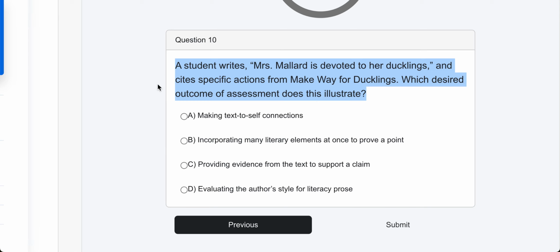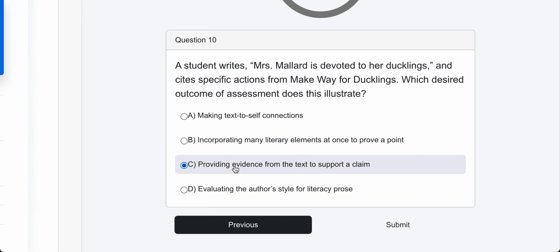So, students should support claims with text-based evidence. Think about, for example, an explicit assessment, and this is targeting the actual chapter that they're reading. For that reason, I like option C, providing evidence from the text in order to support their claim.